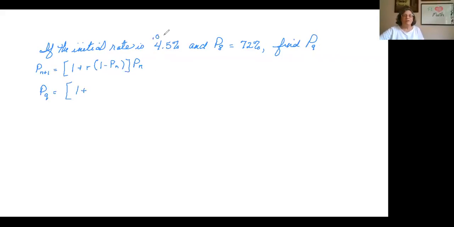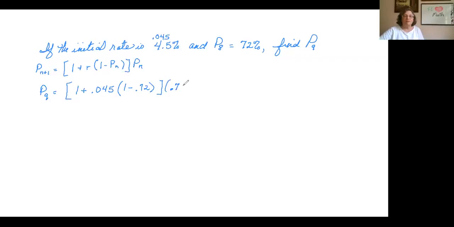4.5% is the same thing as 0.045. 4% would be 0.04, so 4.5% would be 0.045, times 1 minus the end of the 8th year, which was 72%, so that's 0.72.